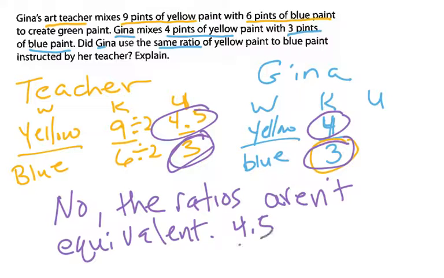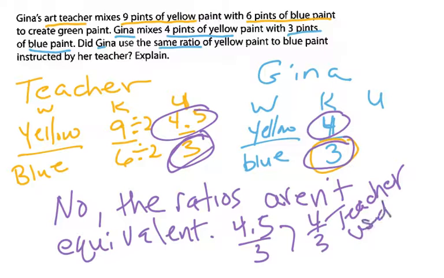Four and a half over 3 is greater than 4 over 3. So the teacher used more yellow. You could say that, or you could say Gina didn't use enough yellow when she mixed her paint. So Gina's is probably a little bit darker than the teacher's.